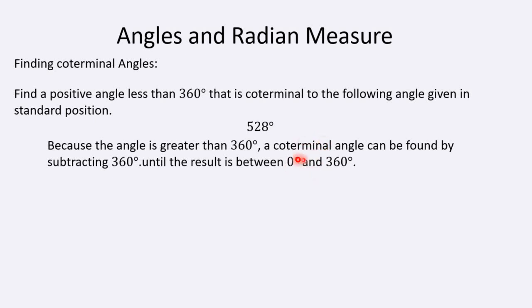So if I just keep subtracting 360 until I get a number that's between 0 and 360, I'll do exactly what they asked me to do. Turns out that if I subtract 360 just one time, I get the coterminal angle 168. And 168 is positive, so it's greater than 0, but it's also less than 360. This is the answer they're looking for: a positive angle less than 360 that's coterminal to 528.